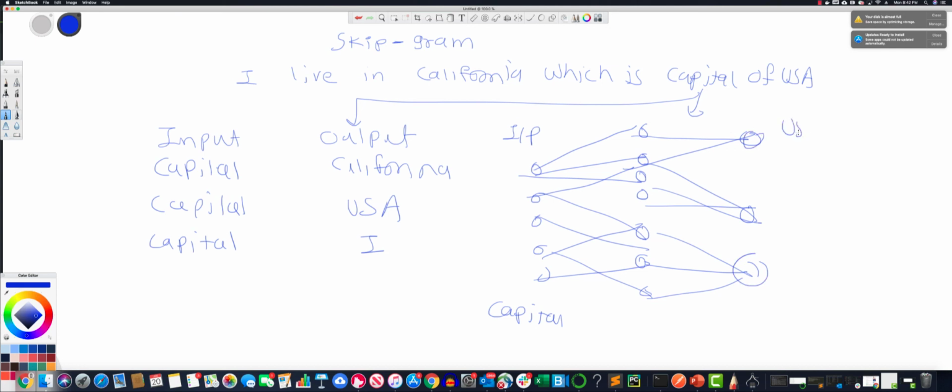So this will be the output for word USA, this is the output for word I, this is the output for word California, and so on and so forth. So this is the reverse of continuous bag of words.